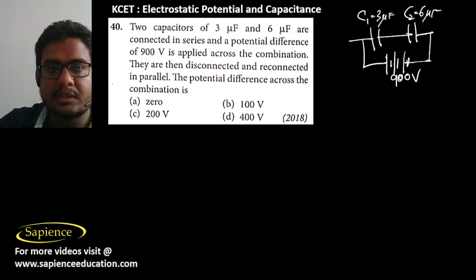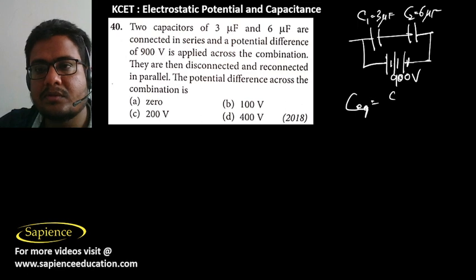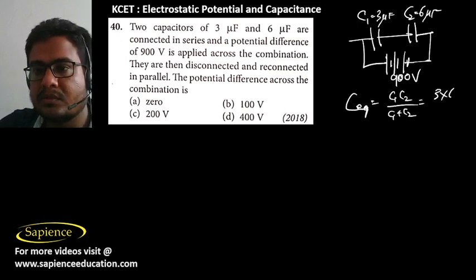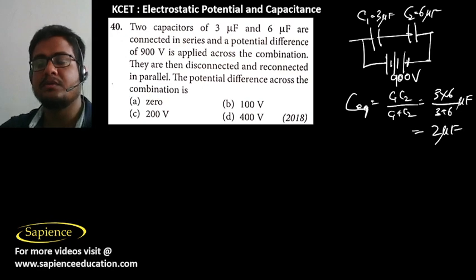So when they are connected in series, C equivalent will be equal to C1 C2 by C1 plus C2, so this will be 3 into 6 by 3 plus 6 microfarad, which is 18 by 9, which is 2 microfarad.